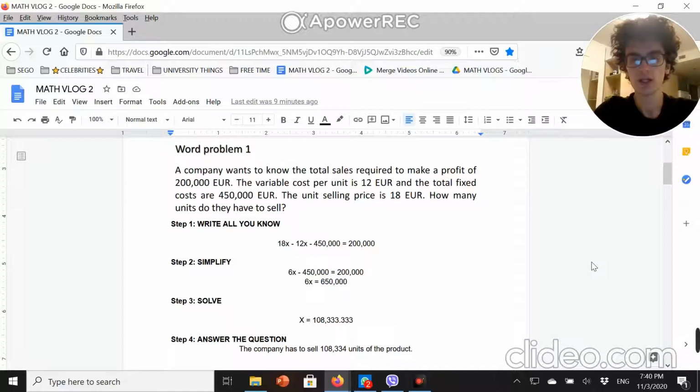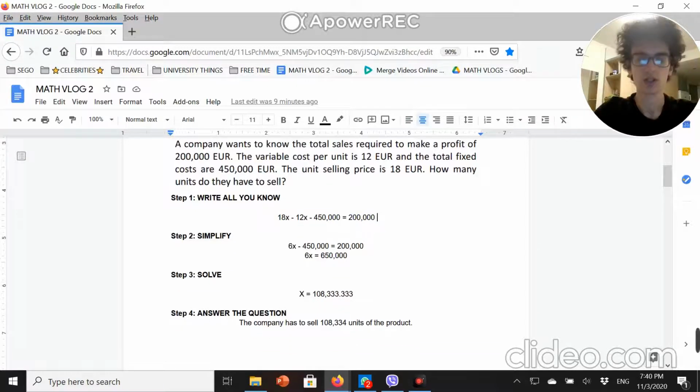We write 18x, which is our selling price, minus 12x, which is our variable costs, minus 450,000, which is again our costs, and that gives us a profit of 200,000. We simplify this: 18 minus 12 is 6, so we have 6x minus 450,000 equal to 200,000.